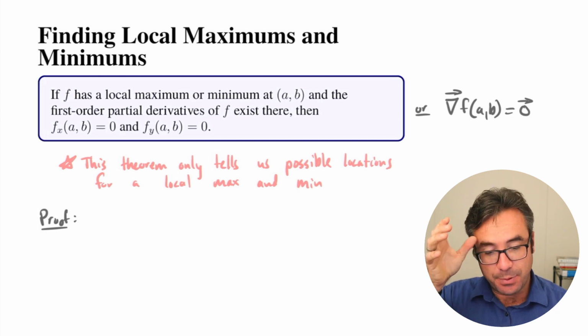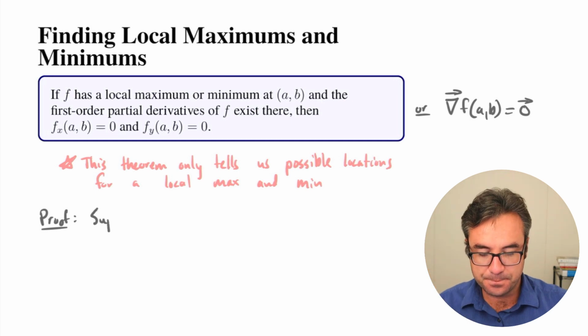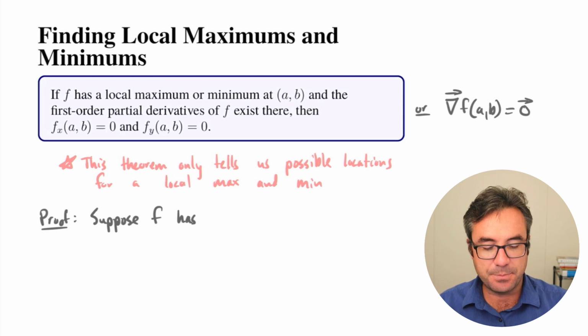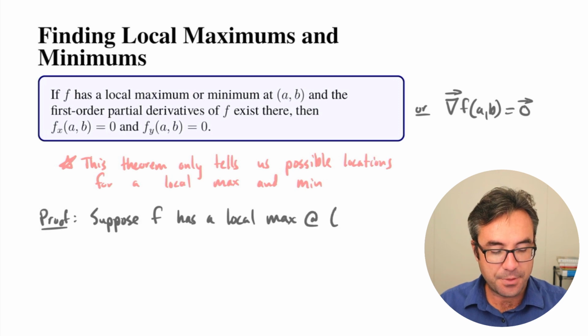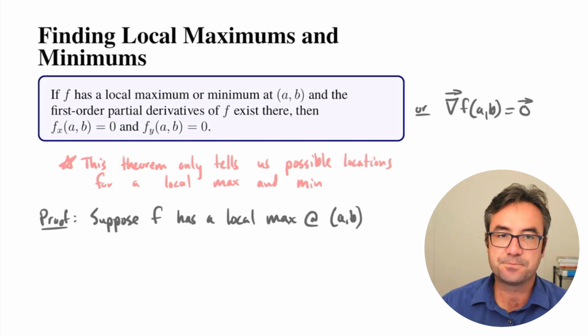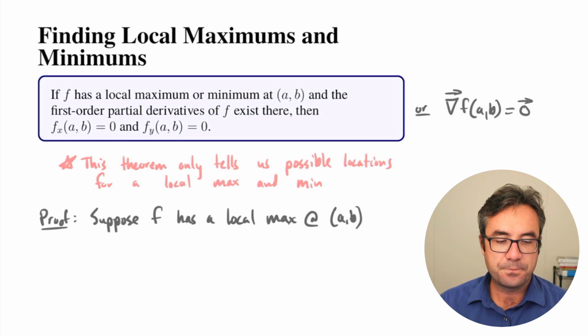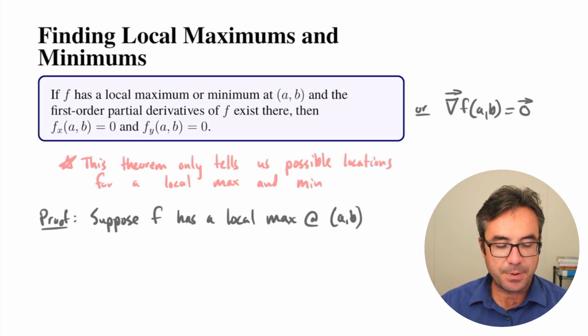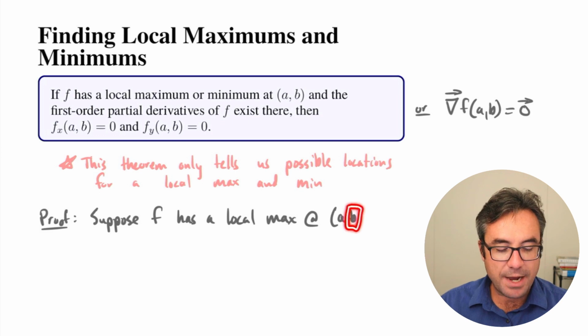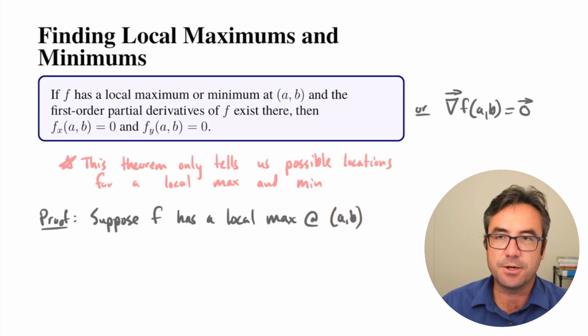So we're going to suppose that f has a local max at the point (a, b). What we're going to do is there's two parts to this. First part is we're going to keep y fixed, and we're going to let x change by a little bit surrounding that point a.